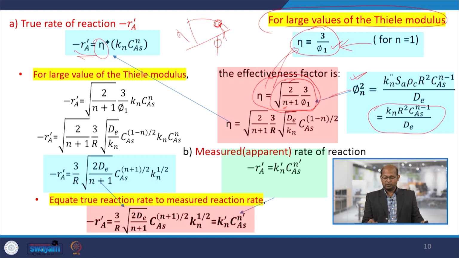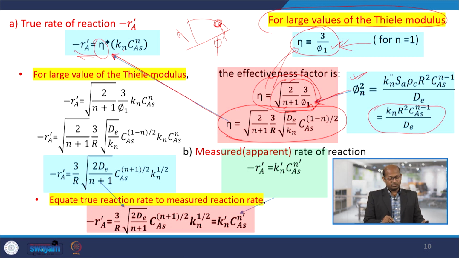So, now for nth order reactions, phi n here would be with n. So, phi n we are substituting here. From here we can get phi n equals this. Okay. So, eta equals this after substituting phi n here. So, this eta we can substitute here.